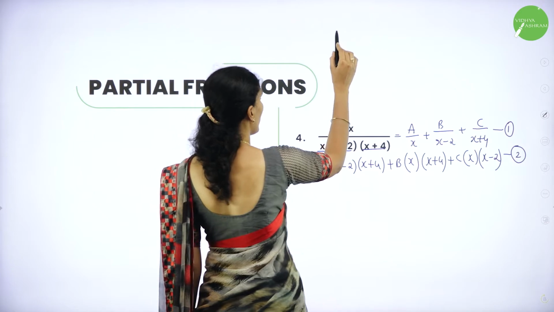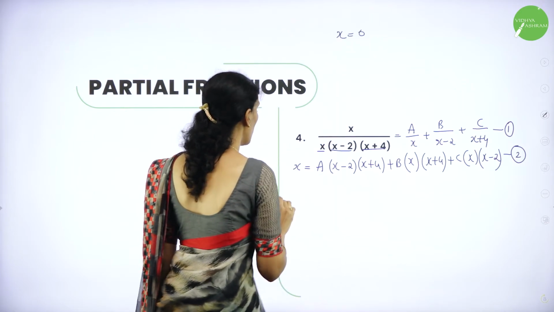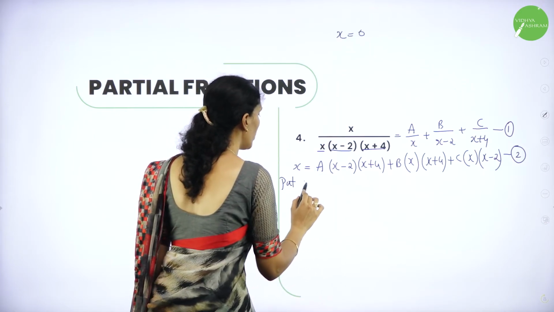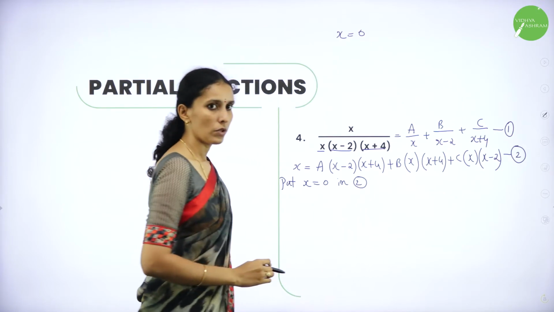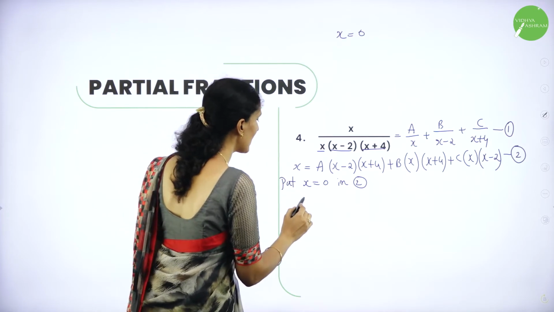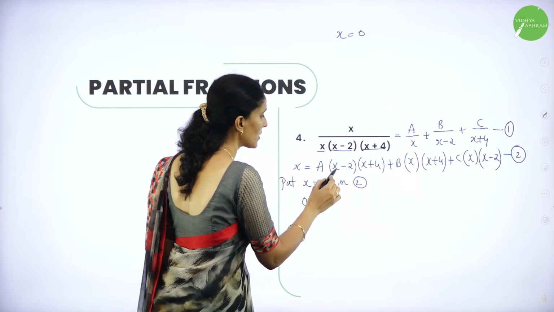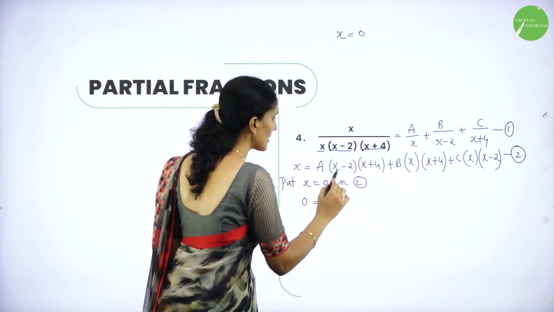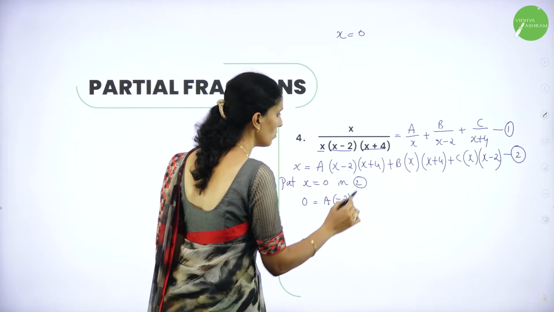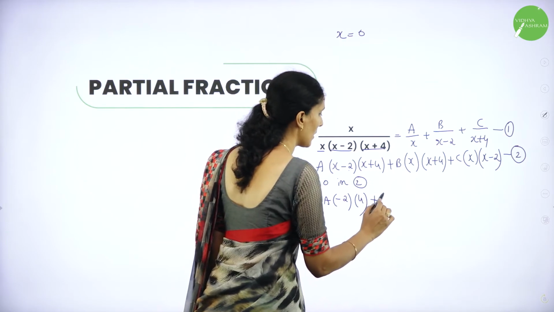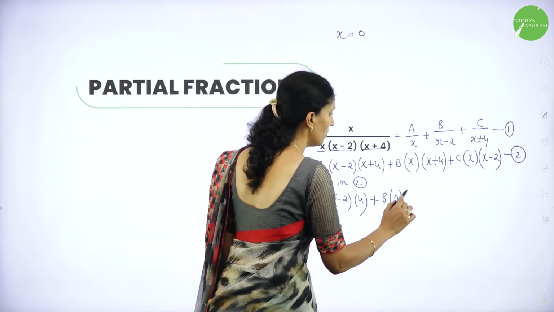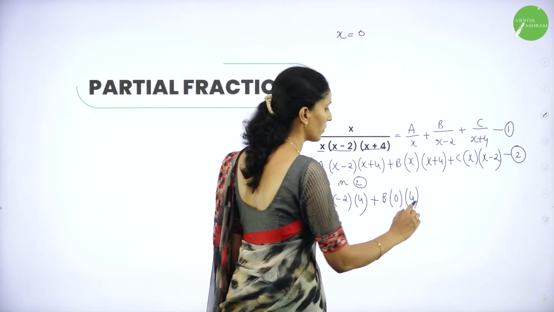Let me take the first one, x is equal to 0. So put x is equal to 0 in equation 2. What we will get? Here if you put 0, it is 0 minus 2, 0 plus 4, 4. Next, plus B, it is 0, 0 plus 4, 4.